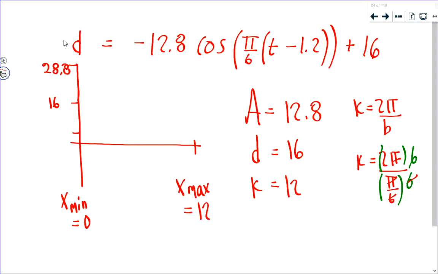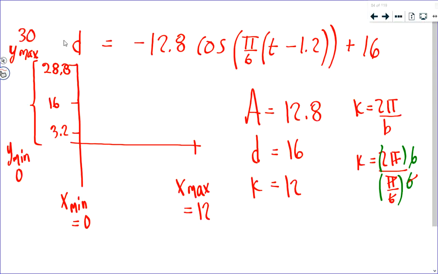And 16 minus 12.8 would be, I think, 3.2. So you have to set up your vertical window settings to see those numbers. And I would probably just set it to a minimum y of 0 and a maximum y of 30.